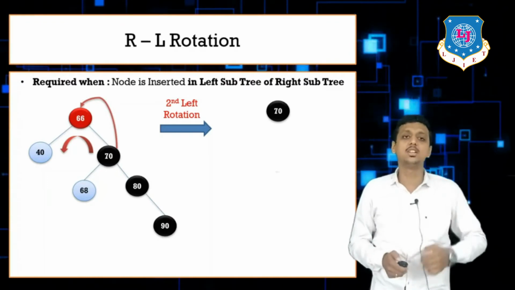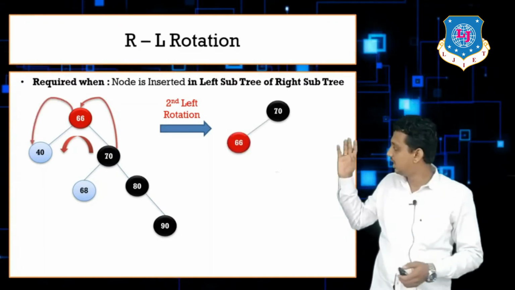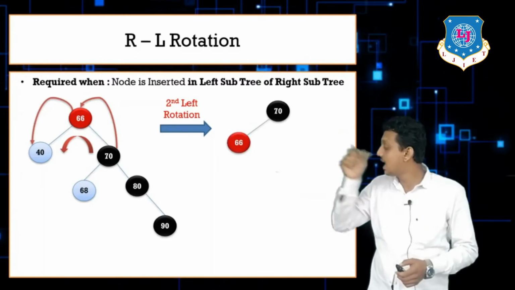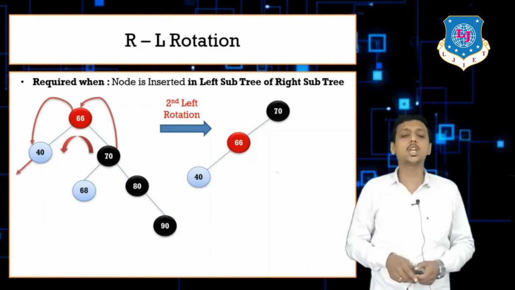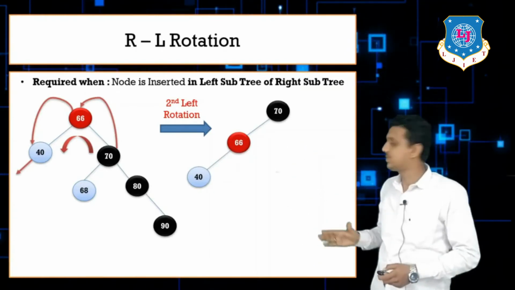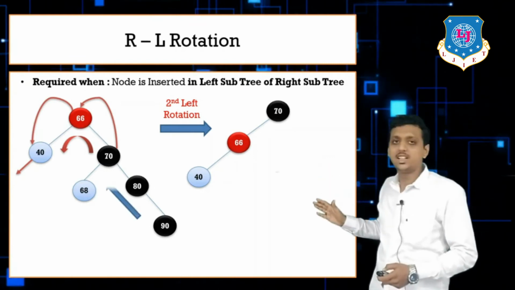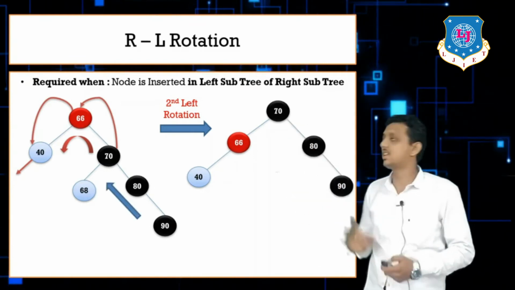Next, 66 will be on the left side of 70, and on the left side of 66 we must have 40. Now what about the remaining right side child of 70? 80 and 90 will be uplifted, and they are placed on the right side of 70.